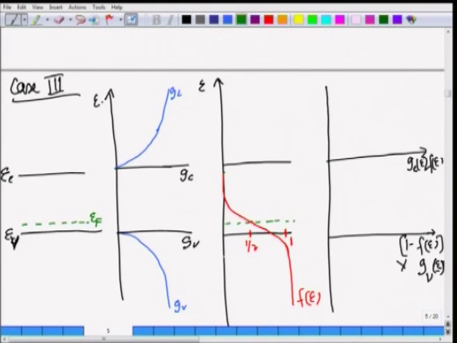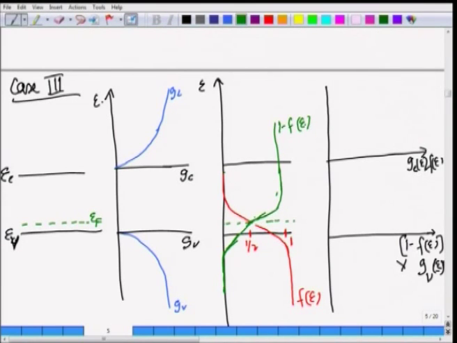So, that will look something like this. This will be 1 minus f of E.